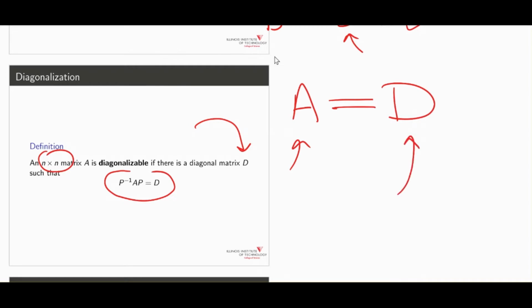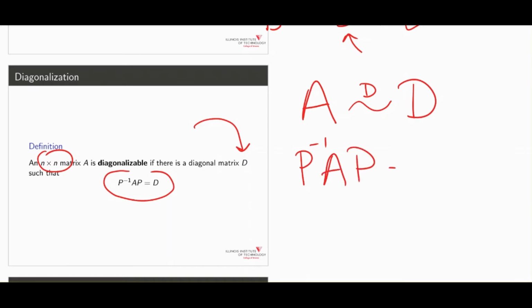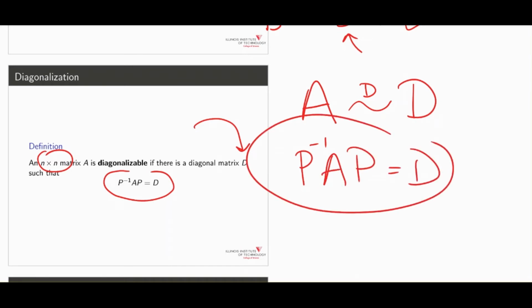So when we say a matrix is diagonalizable, sometimes you see people write the notation that A is equivalent to a diagonal matrix, which means A is diagonalizable if and only if there exists an invertible matrix P such that P inverse AP equals D. So that's the definition for a square matrix to be diagonalizable.